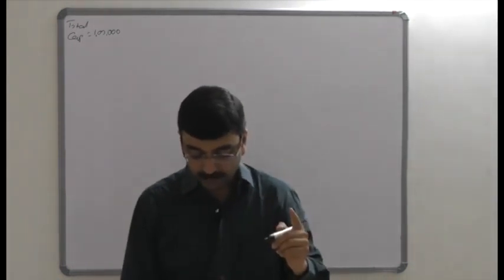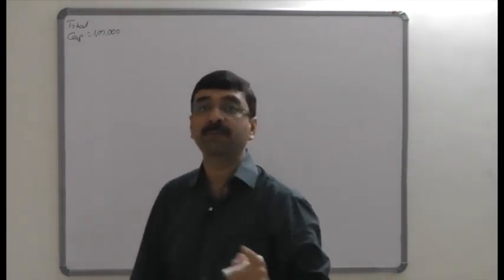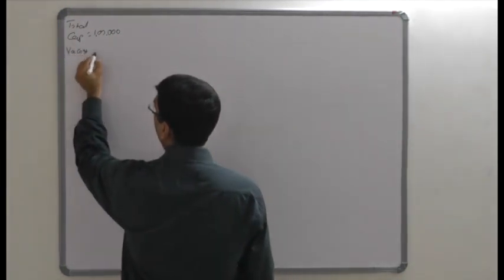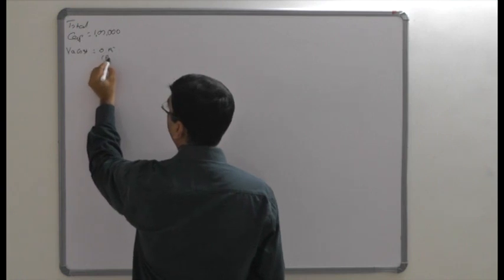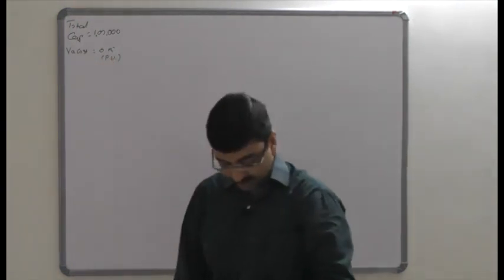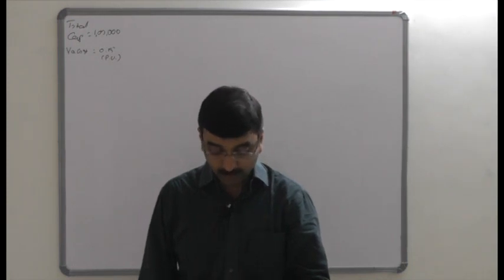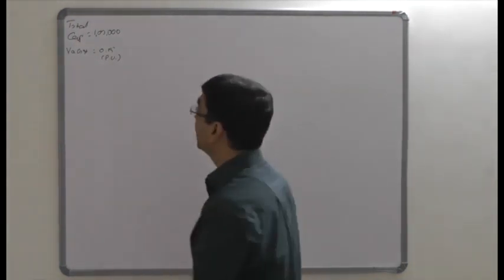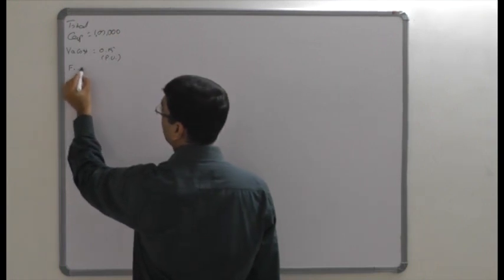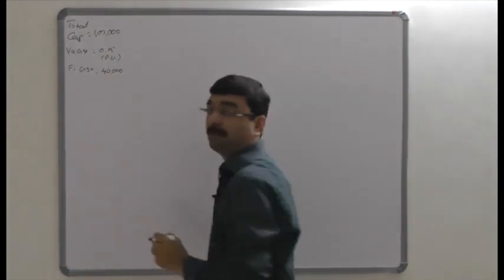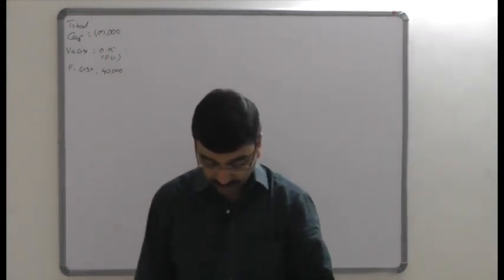The marginal cost of manufacturing is 0.15, so the variable cost is 0.15 per unit. The total fixed cost is given as rupees 40,000. So the company has 40,000 rupees of fixed cost.